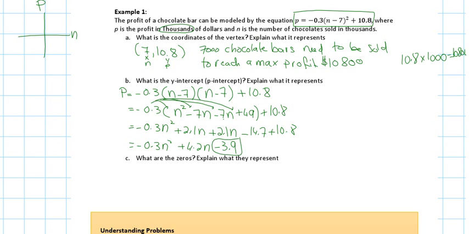Their initial profit is negative $3,900. What does that mean? If you are making a profit of negative 3,900, you're losing $3,900. When am I losing this money? When I sell how many chocolate bars?